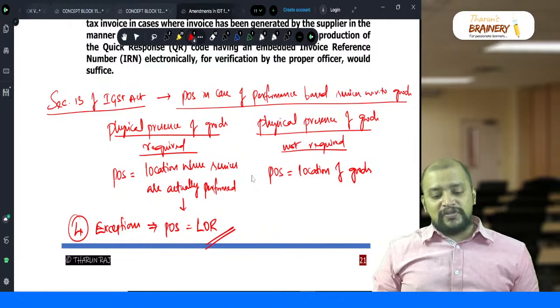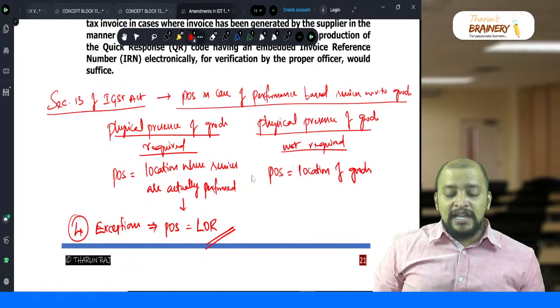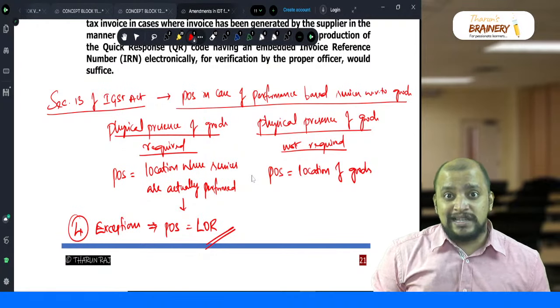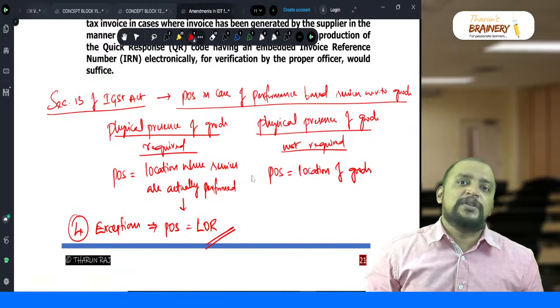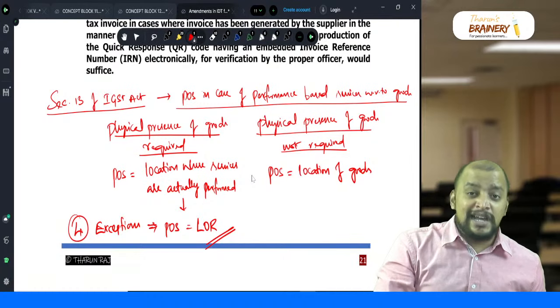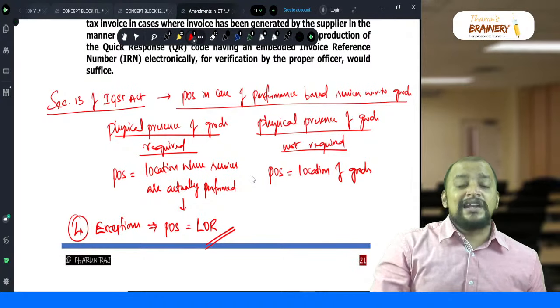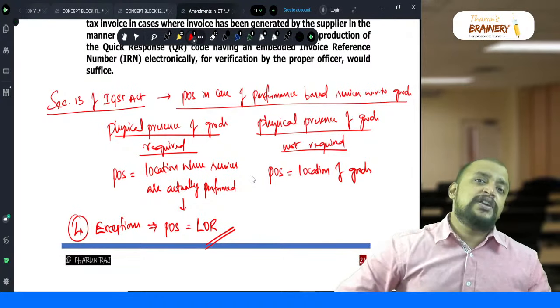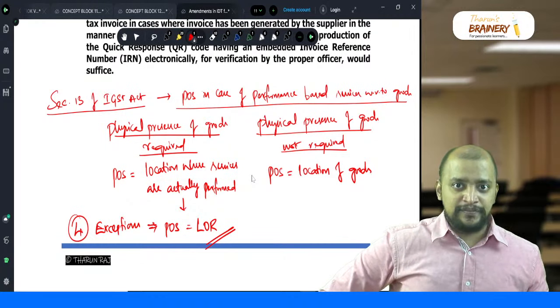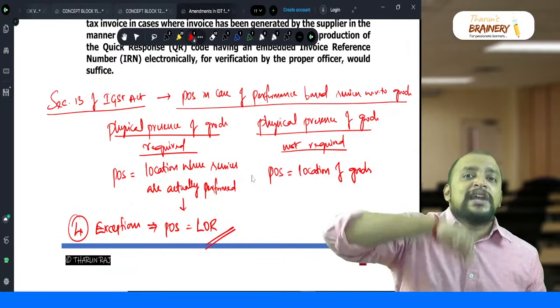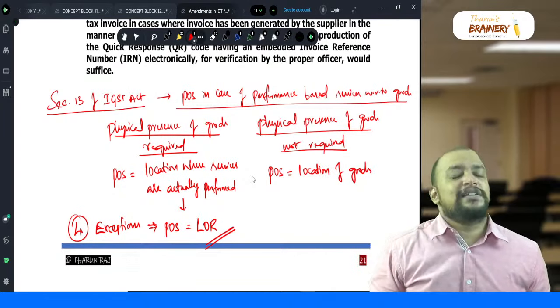Then in that case, what will be taken as the place of supply? If the place of supply were the location where services are actually performed, then supplier in India, place of supply India, and recipient outside India, it will never qualify for export of service. That's why they made location of recipient the place of supply.